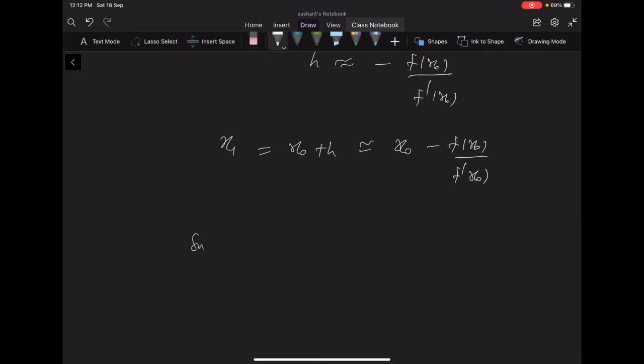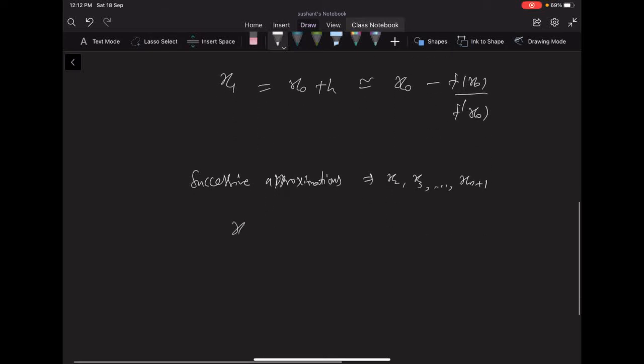and then successive approximations are given by x2, x3, and so on, where x(n+1), we can generalize this, is given by xn minus f(xn) upon f'(xn).